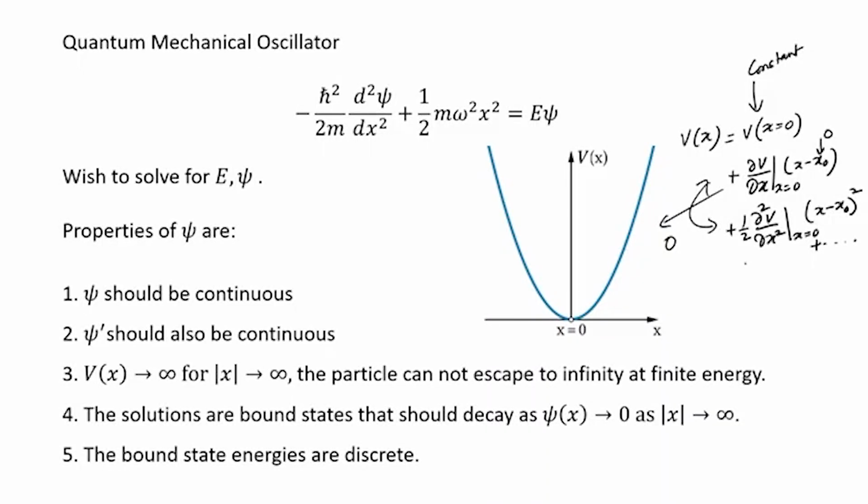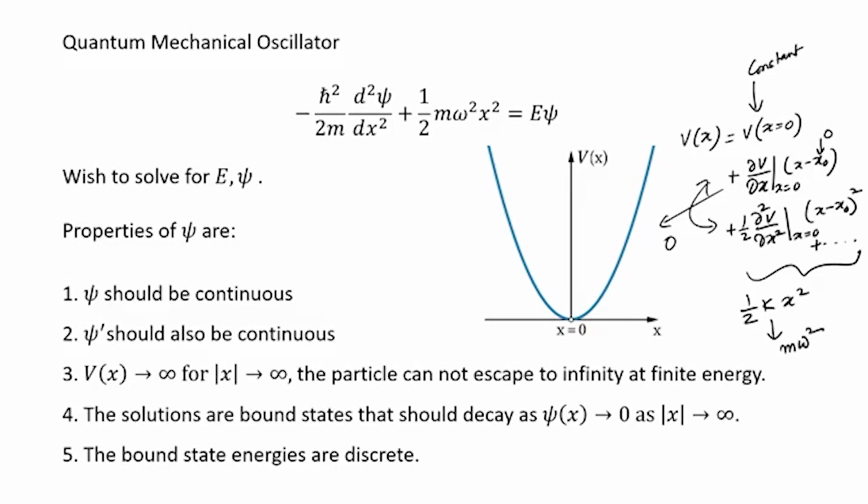So, the only non-zero and relevant term is this third term, which can be written as half k x square. I set x 0 equal to 0 here, so that is why we have not put x naught. This k, which is called the force constant or spring constant, can be written in terms of the mass of the oscillator, that is the particle executing the oscillation, and the angular frequency, as m omega square.